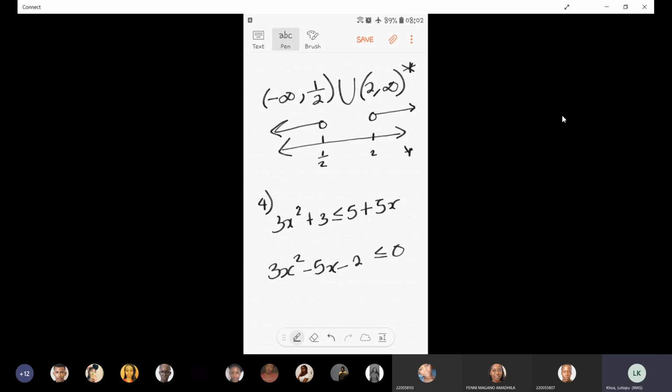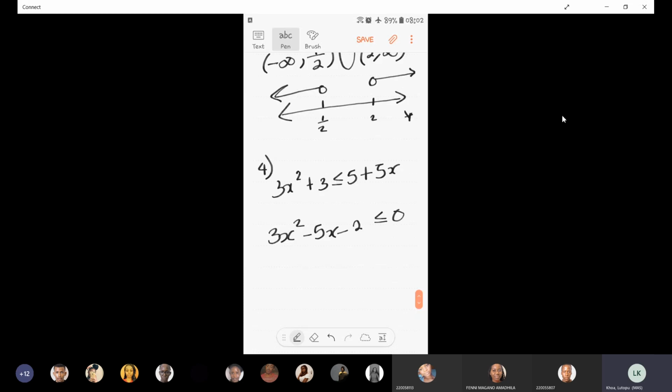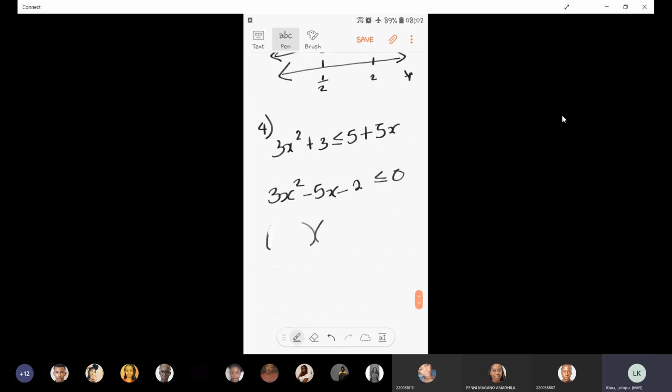Then again, first thing you must do is factorize. So you look for two numbers. When you multiply them, the answer is the same as the product of 3 and negative 2, which is negative 6. Then when you add them, the answer is negative 5.